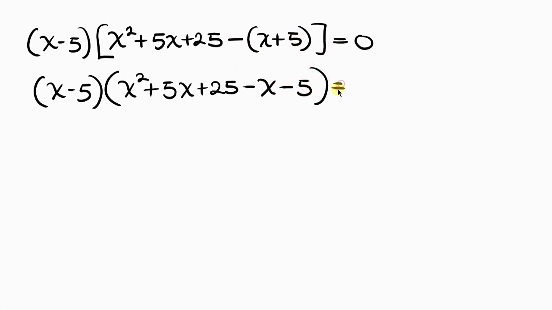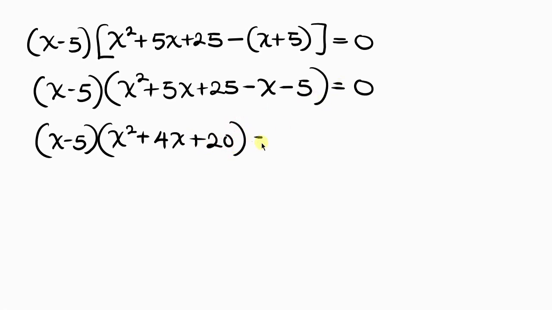And this is equal to 0. Now simplifying what we have inside of this bracket, we have x minus 5 times x squared, and then 5x minus x is plus 4x, and then 25 minus 5 is 20, so plus 20.